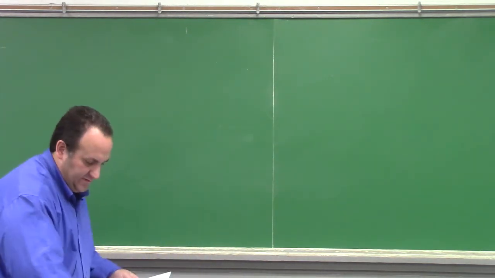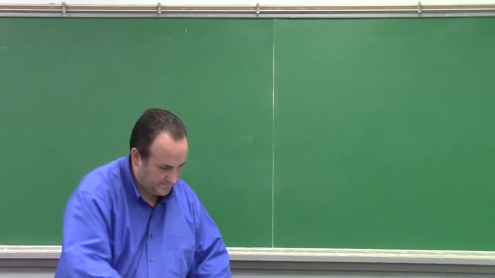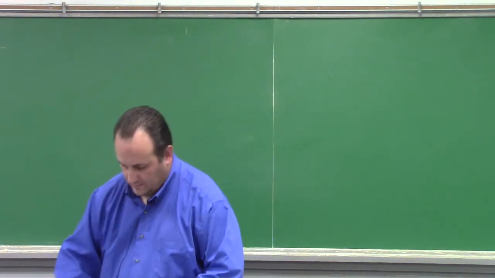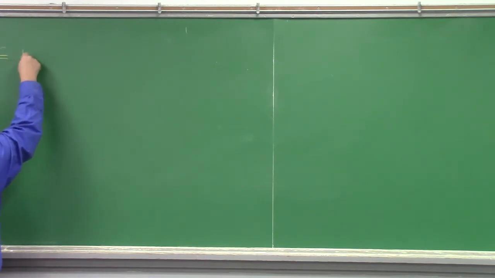So it was number 37 of 7.3. We're supposed to prove, I'll state it this way, why is it the case that sine 2 theta divided by 1 plus cosine 2 theta, times tangent squared, is equal to tangent cubed?